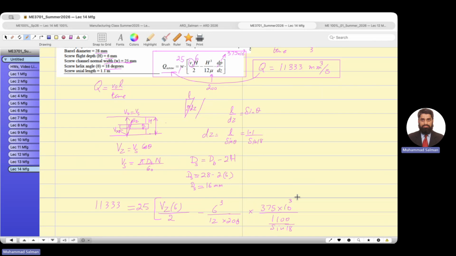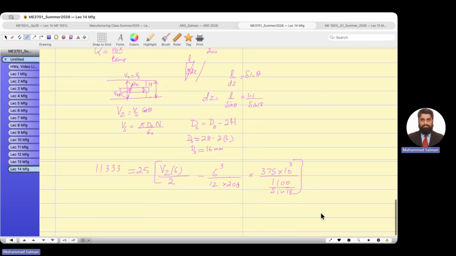So you might be confused about the units, but the units are correct. You have to go home and practice this. So Vz can be found from here. Vz equals pi dn over 60. Let me write down this formula. V equals linear speed, which is pi d, the circumference, times number of revolutions in 1 second.